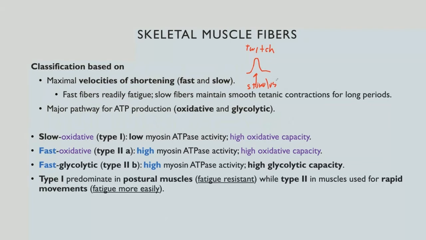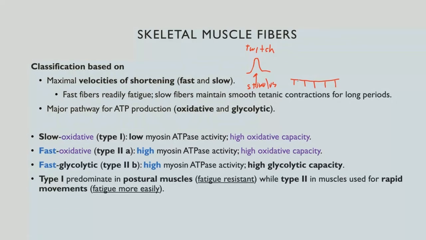Or you can produce several stimuli. Let me represent here a graph with the frequency of the stimuli. If we produce the stimuli very far apart in time, we are going to have a twitch, another twitch, another twitch, another twitch.